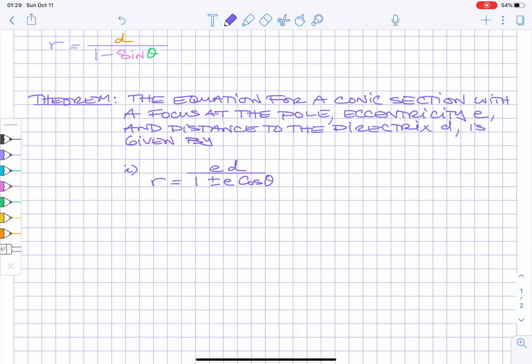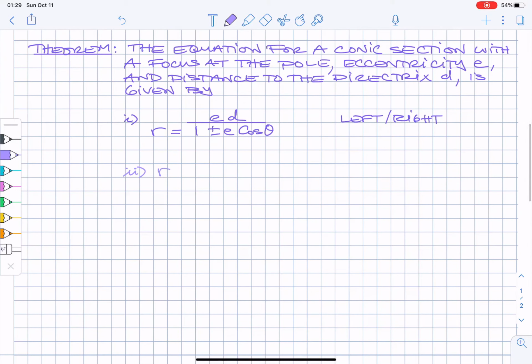And this is going to be a left-right conic. And number 2, we have r is equal to e times d divided by 1 plus or minus e sine theta. And this, of course, will be a down or up conic.